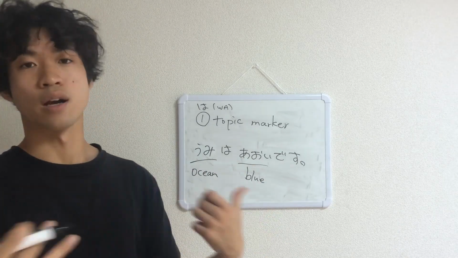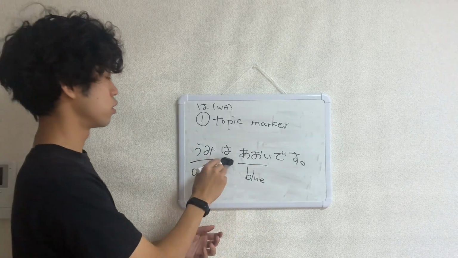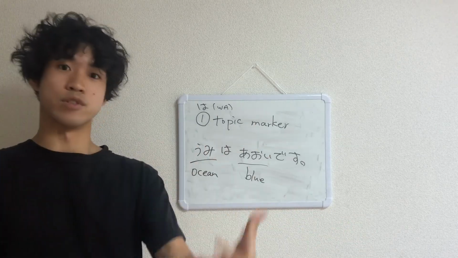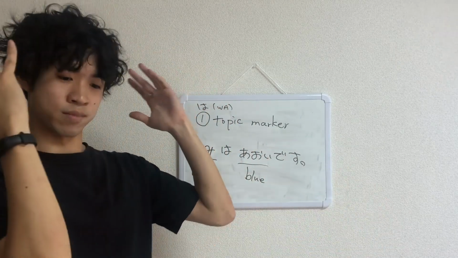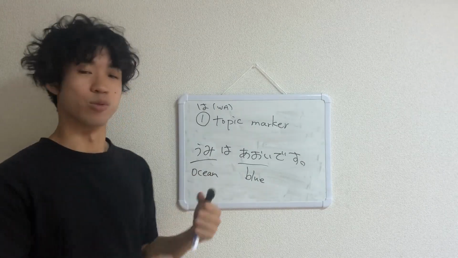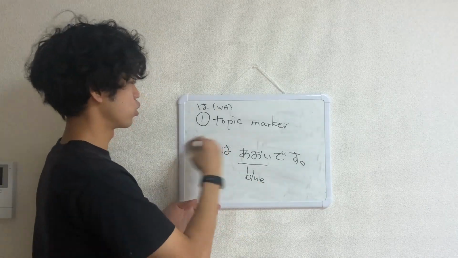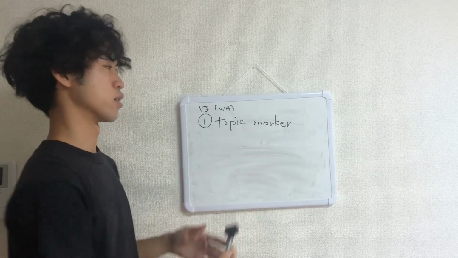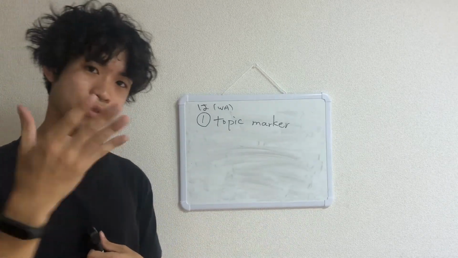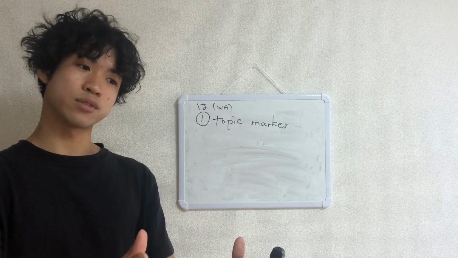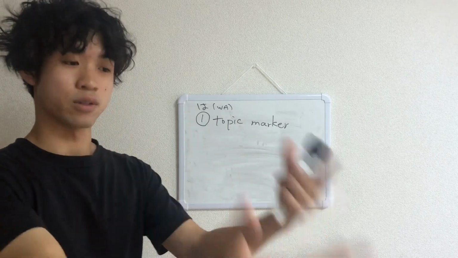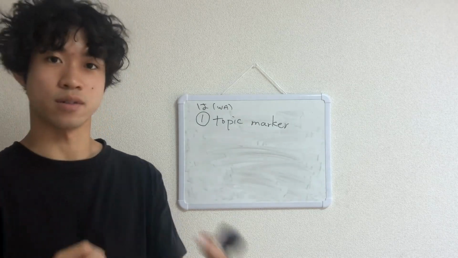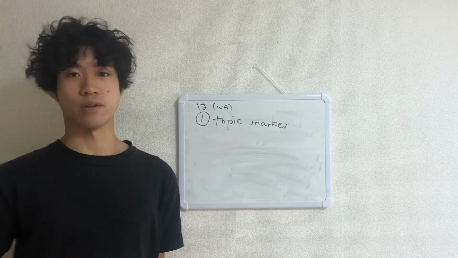So you would automatically say that if you assume that the person you're talking to knows that thing. So that is topic marker. And like I said, generally, the speaker assumes that the hearer or interlocutor, someone you're talking to, knows that word. Okay? So that's topic marker.